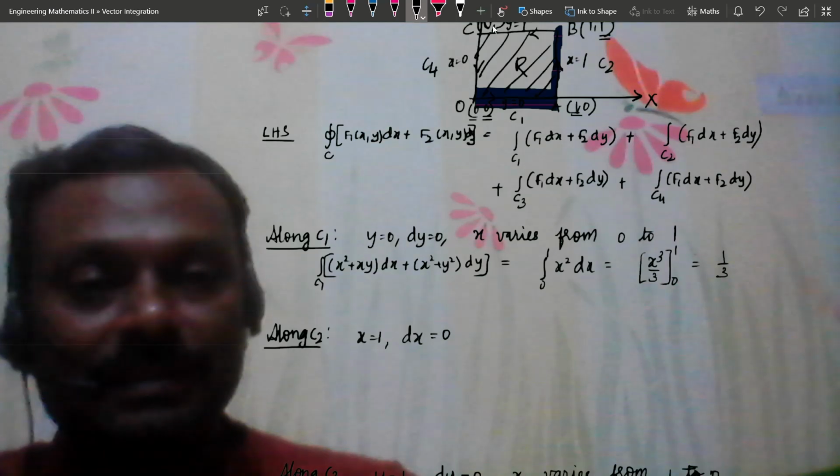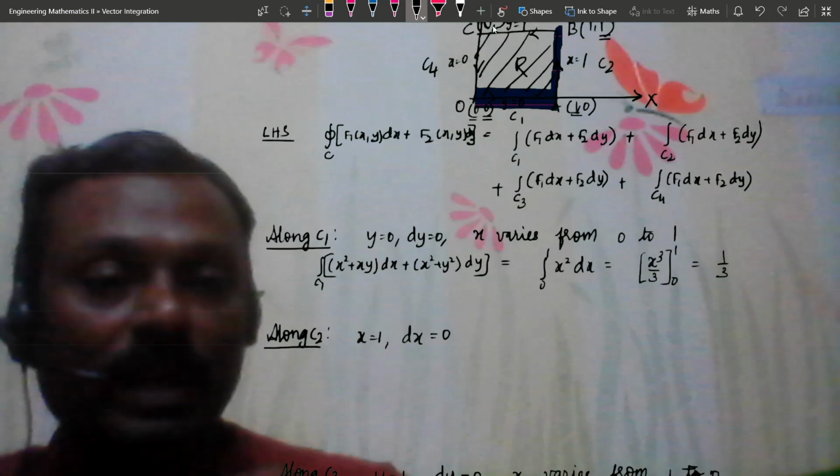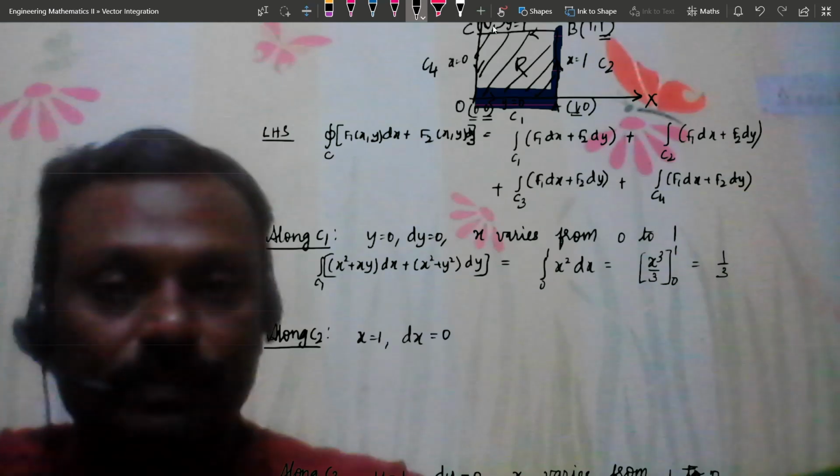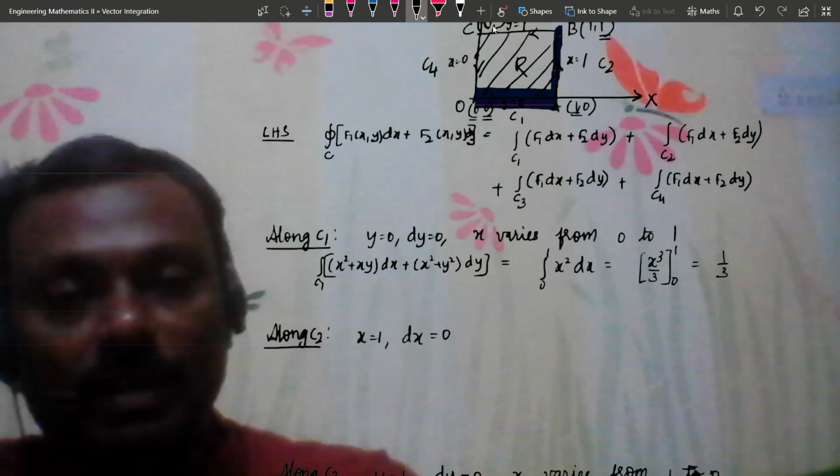There is no change in x. x remains at 1, so x is equal to 1. Because there is no change in x, we get dx equal to 0. Now at A, y is equal to 0 and at B y is equal to 1. Therefore y varies from 0 to 1.